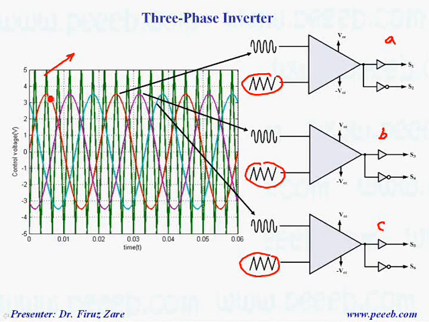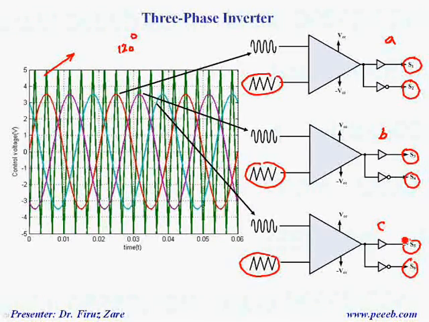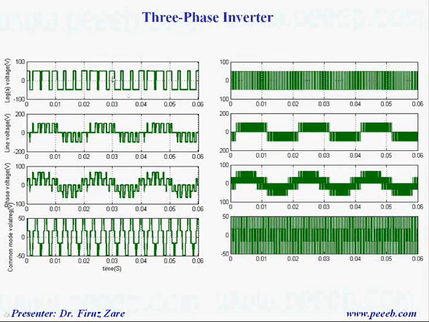So this is the sine wave for leg A, this is the sine wave for leg B with 120 degree phase shift, and this is the control signal for leg C with 120 degree phase shift with respect to this one. Then we get control signals for S1, S3 and S5, and also S2, S4 and S6. Again, we can compare low frequency and high frequency signals. Here we can see that the switching frequency is low, but here the switching frequency is high.